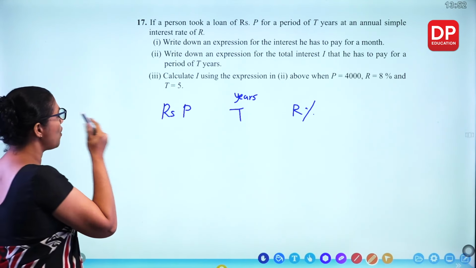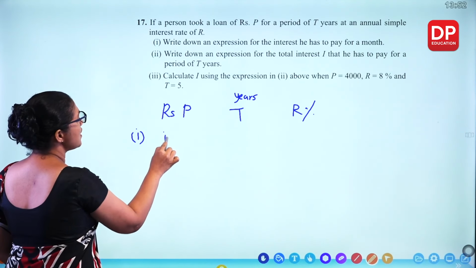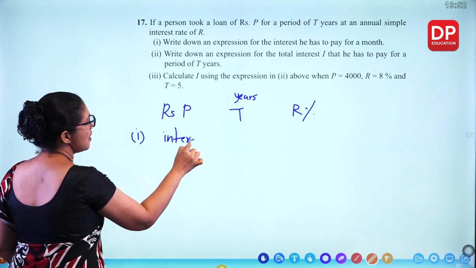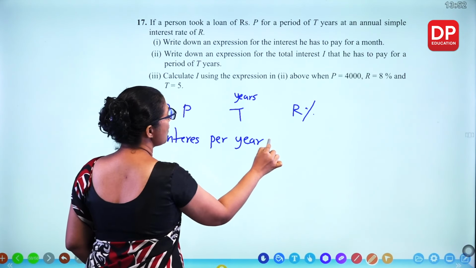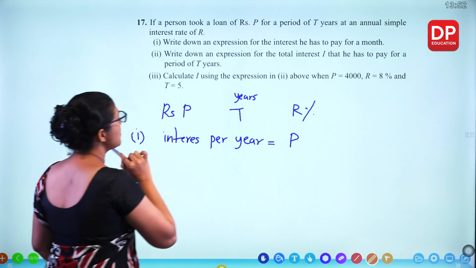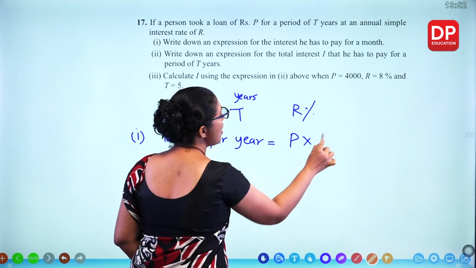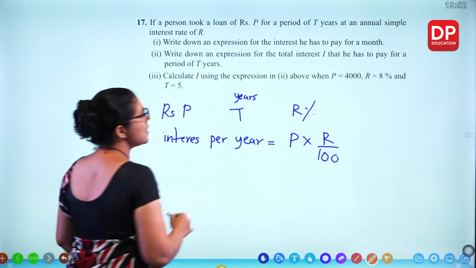First we'll find out interest per year. So interest per year is equal to the amount taken, P into R percent. This is per year.